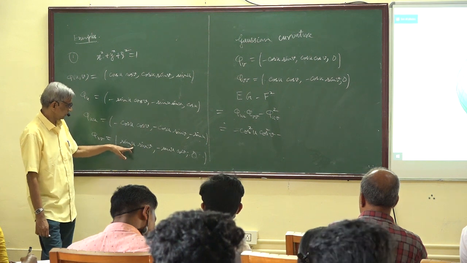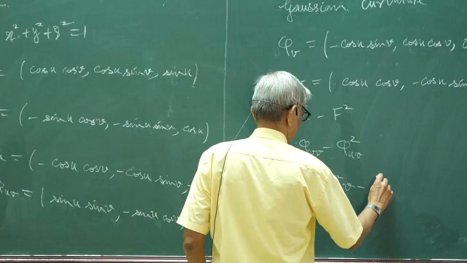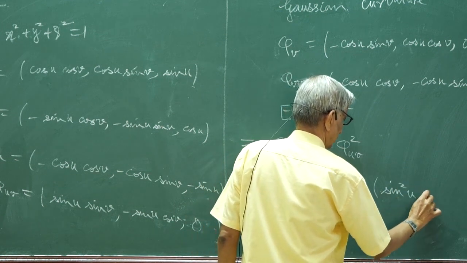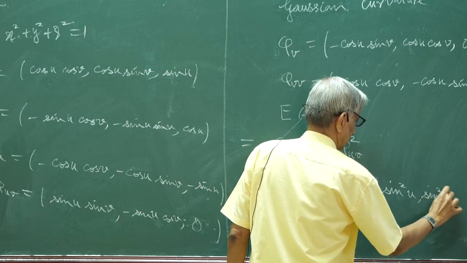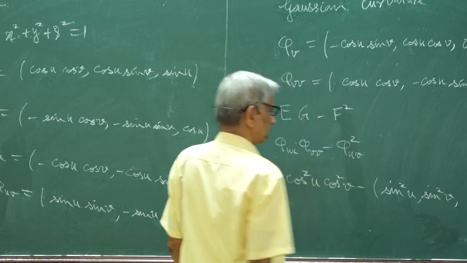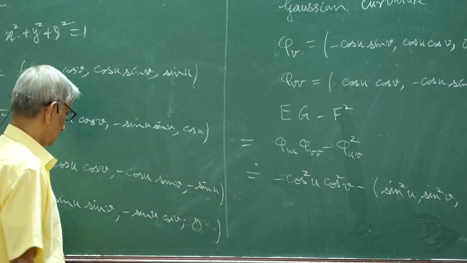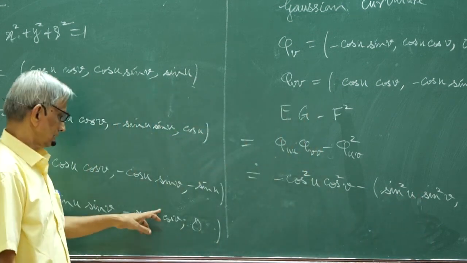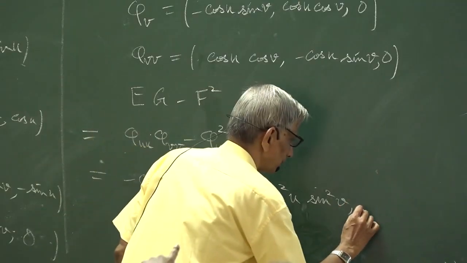So sin square u sin square v, that is 0. And then see, square of this, sin square u cos square v.